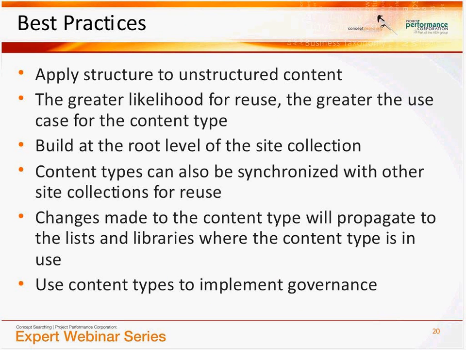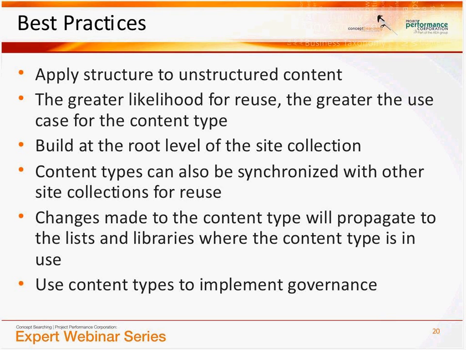So to wrap up, here are a few nuggets on best practices for content types. Content types are a construct to apply structure to unstructured content. It's still unstructured content, but we're trying to provide a little more consistency and a little more structure to make it easier to find or manage this content, because it's special.